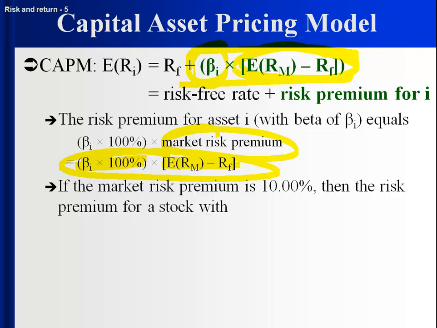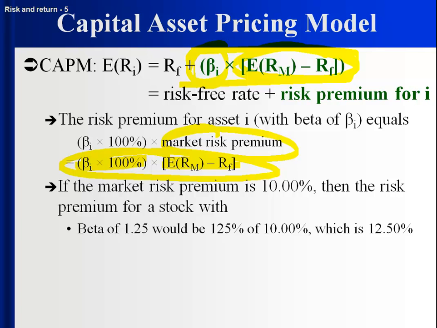Suppose the market risk premium is 10.00%. If I have a stock with a beta of 1.25, as we established in the previous slide, its level of systematic risk is 125% of what you would find in an average risk stock.